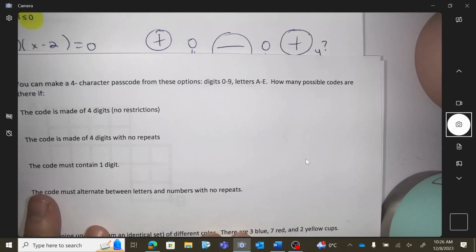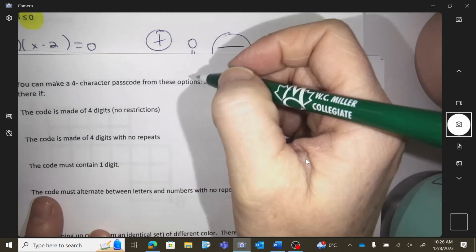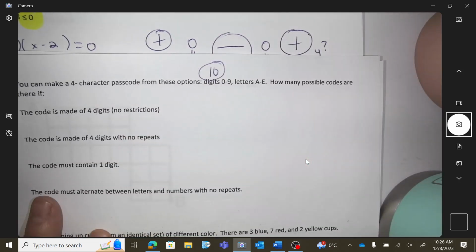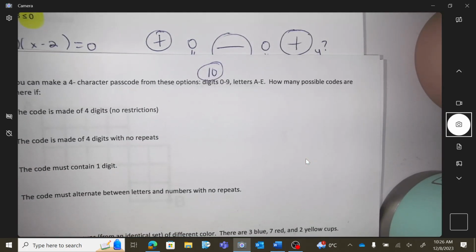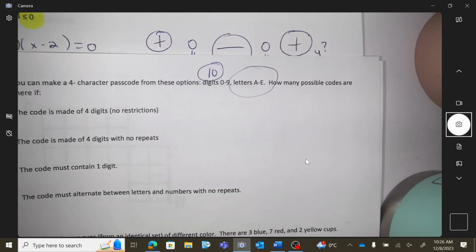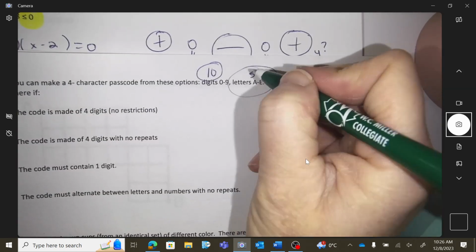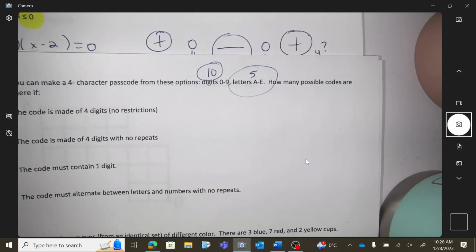Okay, you're making a 4-character passcode from these options. You have the digits 0 through 9. So that gives me 10 options of digits. I'm allowed to use the letters A, B, C, D, E. So those are giving me 5 options.